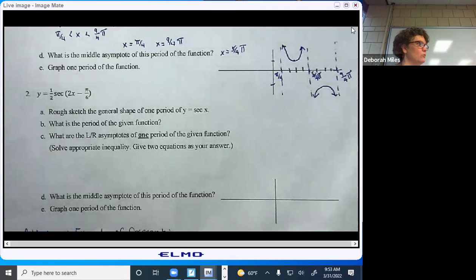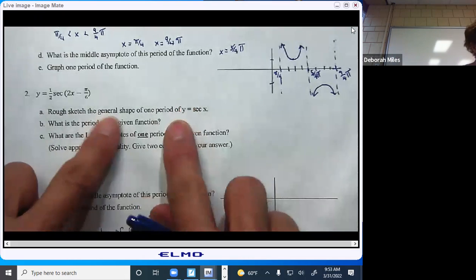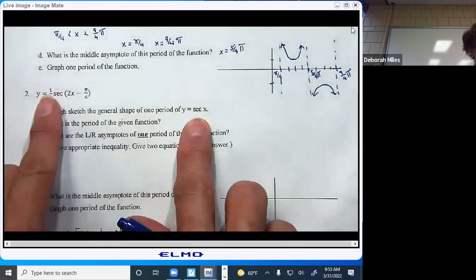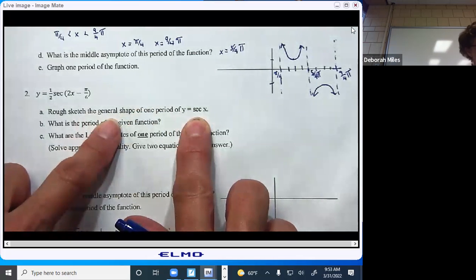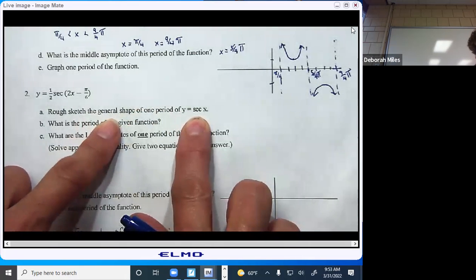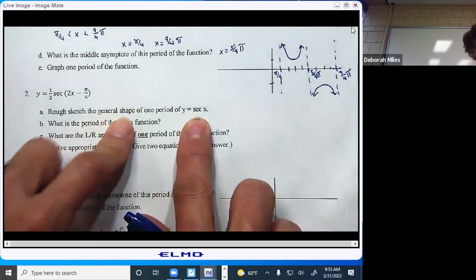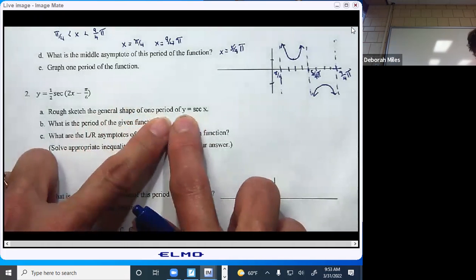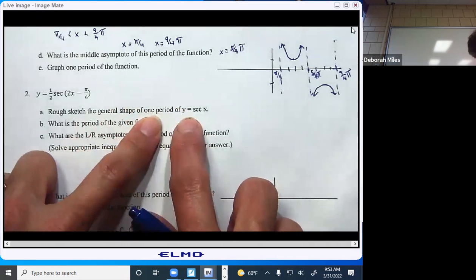I brought that with me too. All right, so general shape of one period of secant. You do that. Give me just what should be in your head when you think of one period of secant.